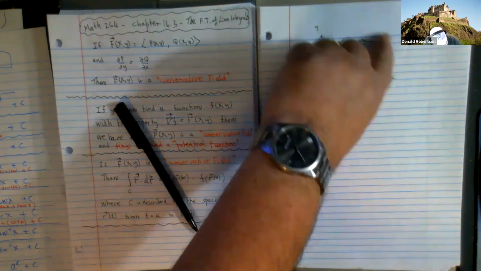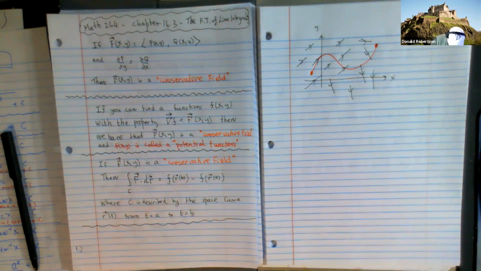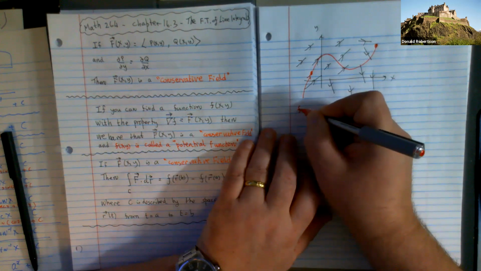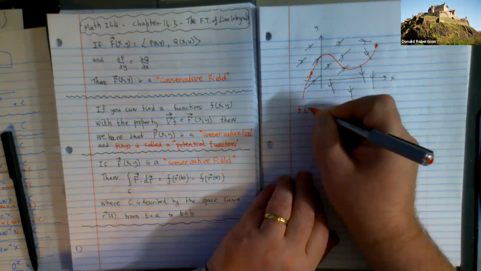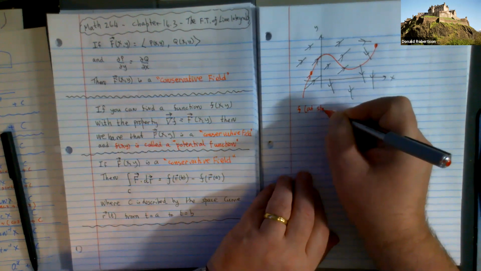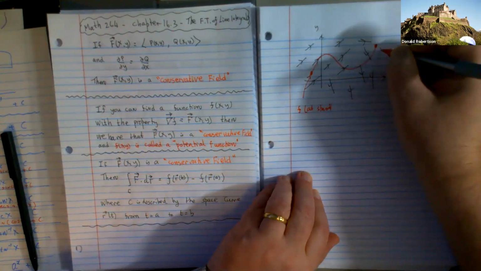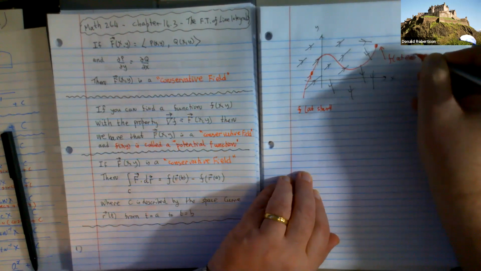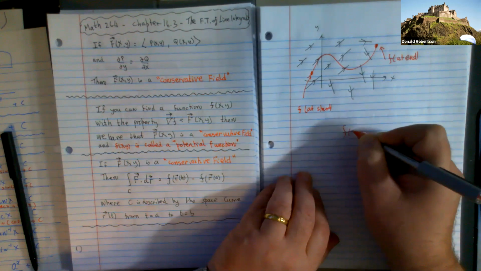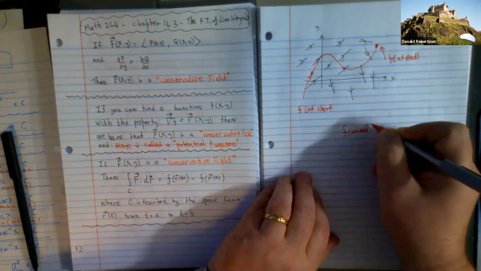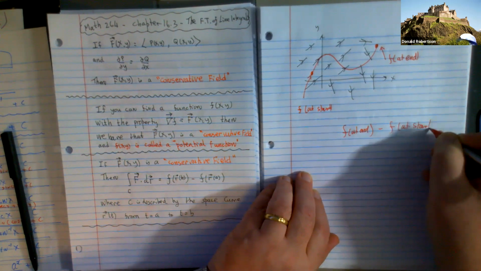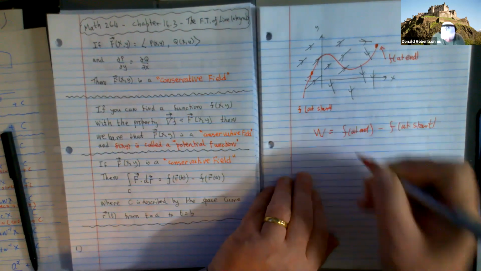If the vector field is a conservative field, what it says is that you only need to find the value of the potential function at the start and the value of the potential function at the end. And if you take the value at the end and you take away the value at the start, that's your integral, that's your work done.